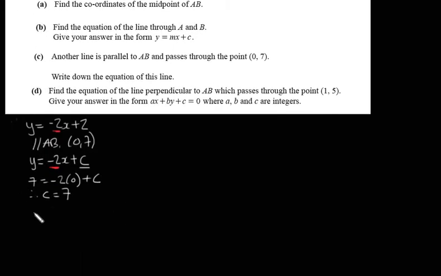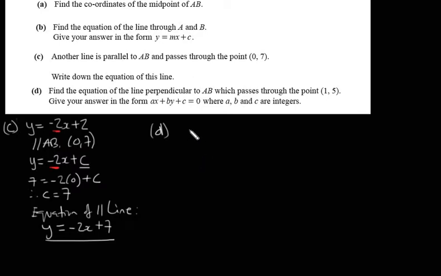Hence we get the equation of the parallel line, y is equal to minus 2x plus 7. This is part C. Now let's look into part D.